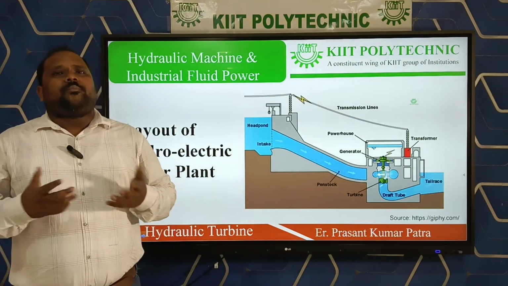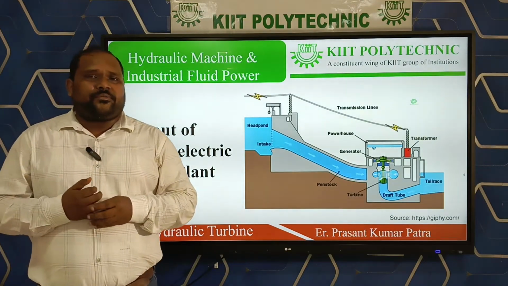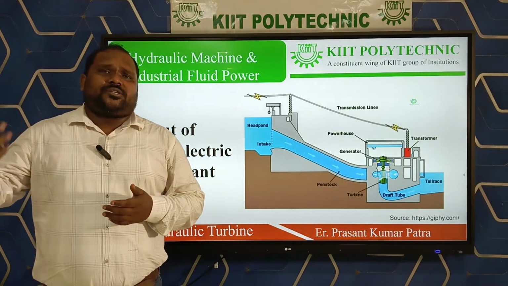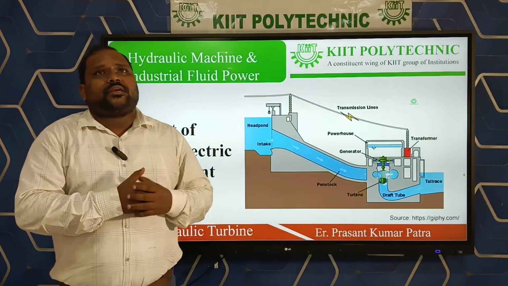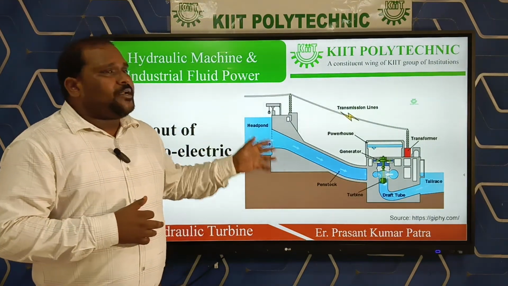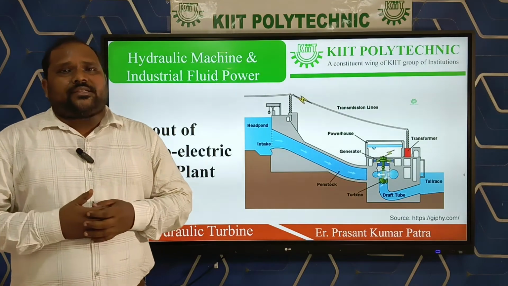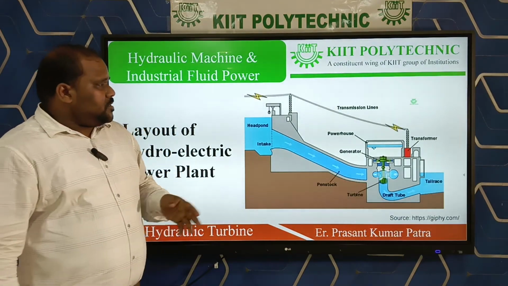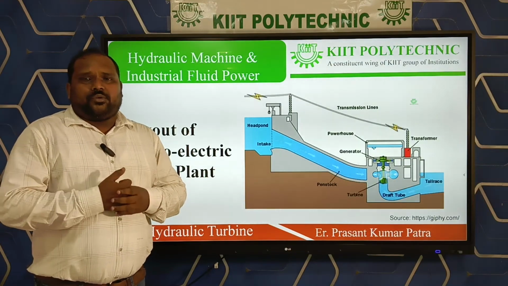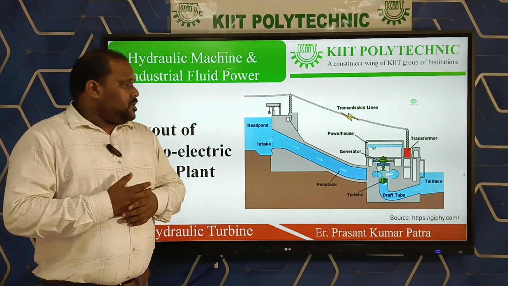And you know the importance of electricity in day to day life. We are producing electricity in major part in thermal power plants. Secondly, we are using hydroelectric power plants to produce electricity. So this is the second major power source in India by which we are getting electricity.